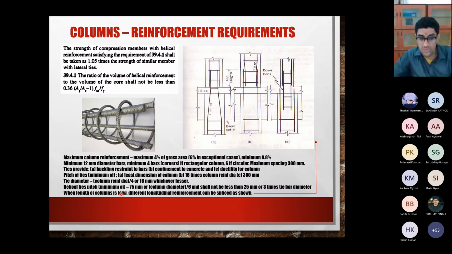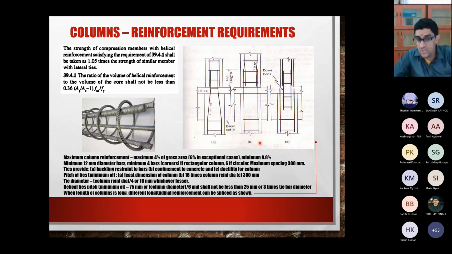When the length of the columns is quite long, different longitudinal reinforcements can be spliced as shown above. If you have a very tall column, say 10 meters or more in height, it is difficult to give a single reinforcement of 10 meters height when you make the reinforcement arrangement. So you are allowed to splice different reinforcements together.